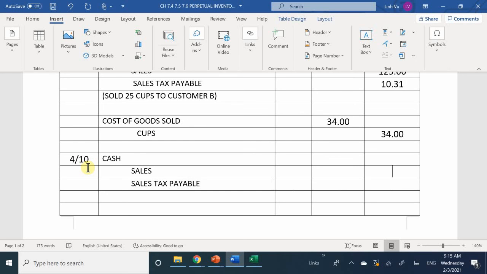How much was my total sales going to be? $250. And how much tax is going to be on top of that? $20.63, bringing my grand total to $270.63. Good, and I'm going to go ahead and write right here.